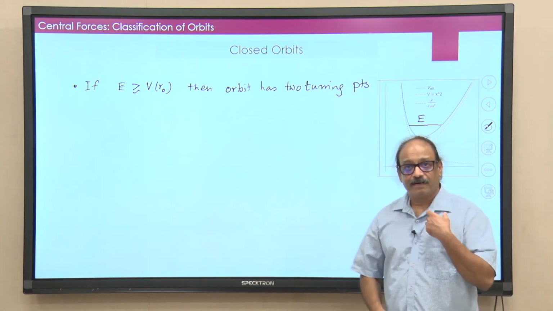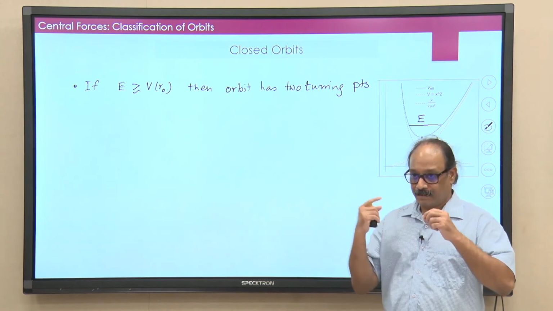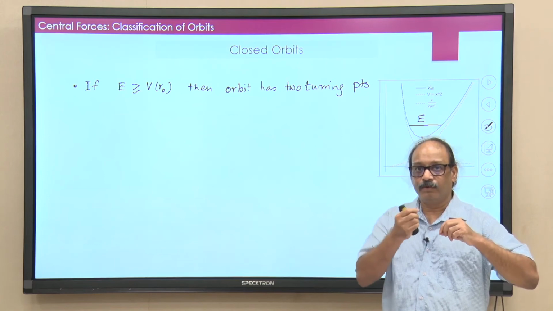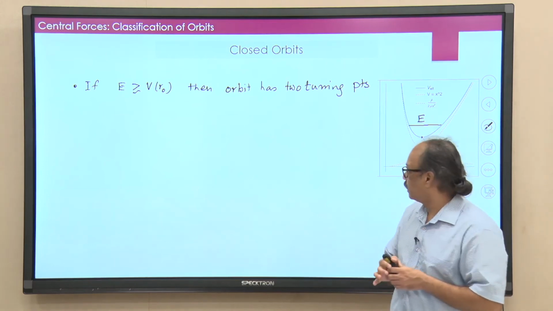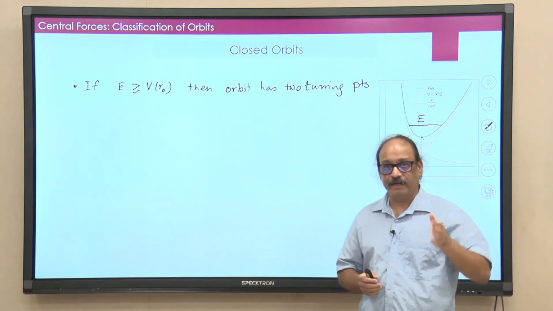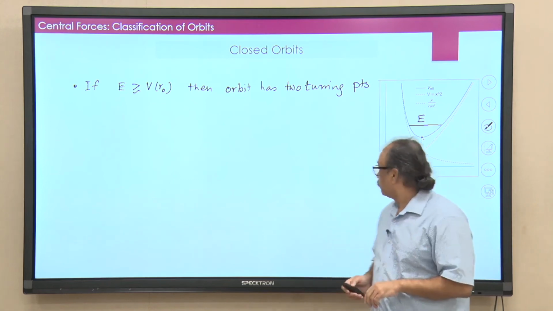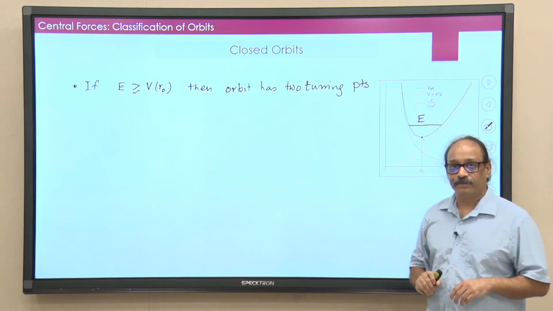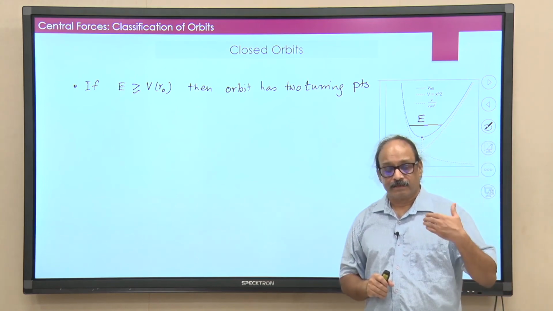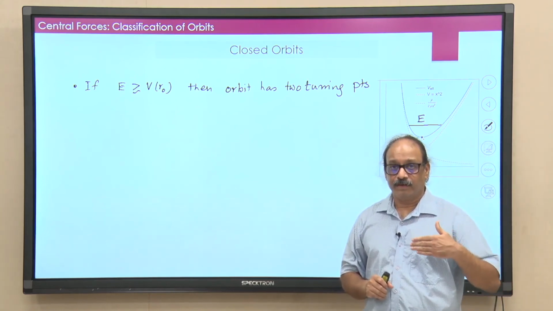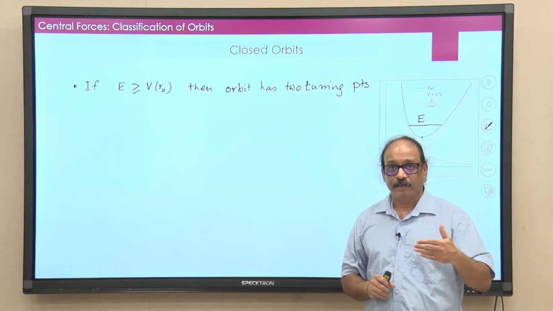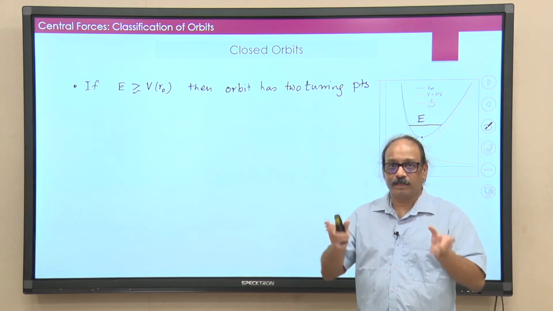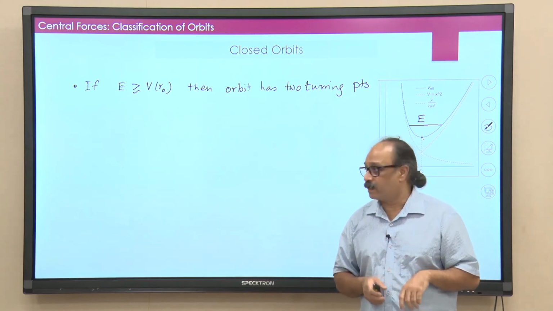What happens? Now you have a circular orbit, and then the particle would be doing small oscillations as theta is varying. R goes from R1, that is this turning point, to R2, which is the other turning point. So, the particle would be going away from the origin and then coming back towards the origin between the two circles of radius R1 and R2.